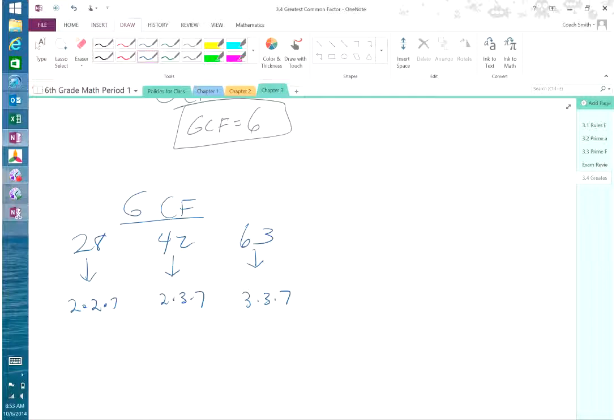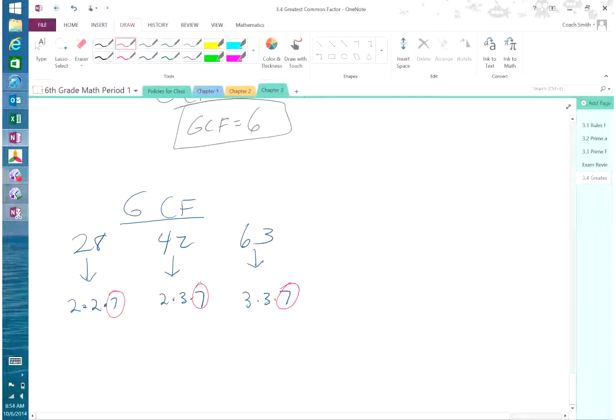Now, the largest the greatest common factor could be is 28. But I know it's not 28 because 28 doesn't go into 42 evenly, and 28 doesn't go into 63 evenly. The one that is in common with all three is this one right here.